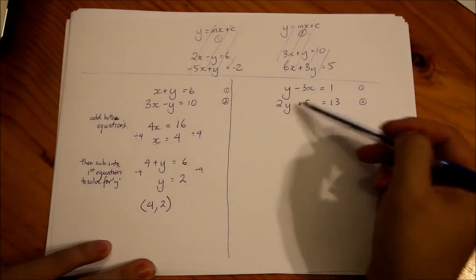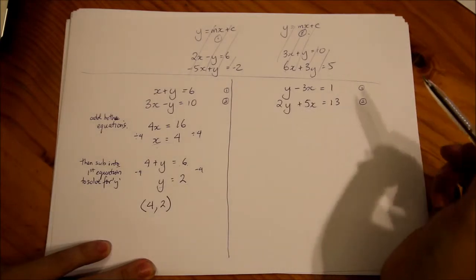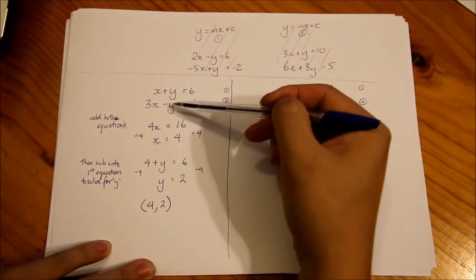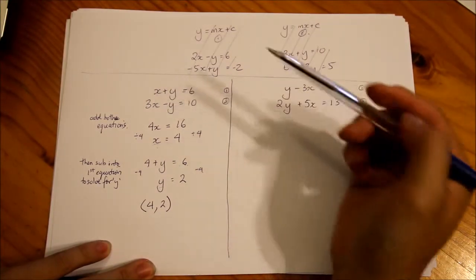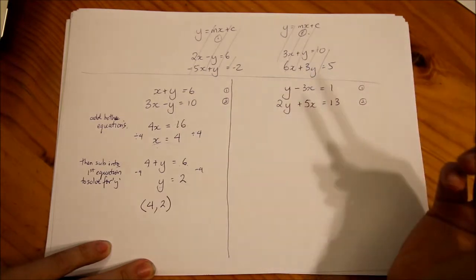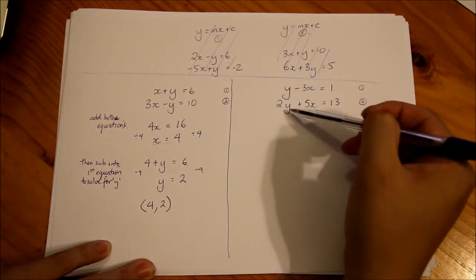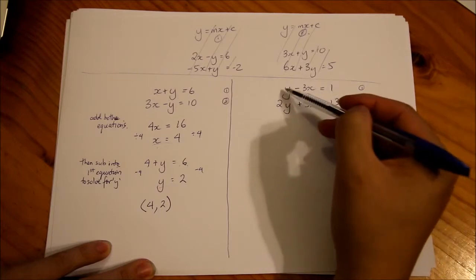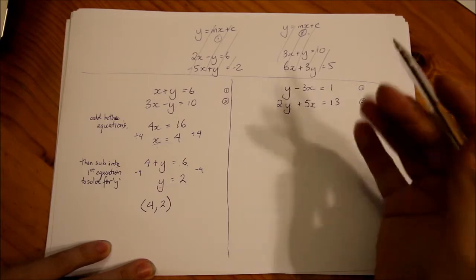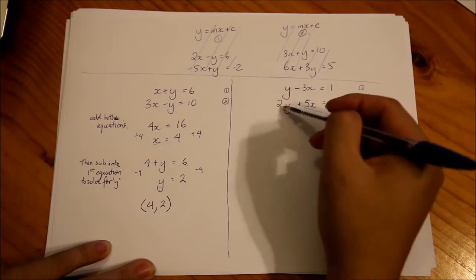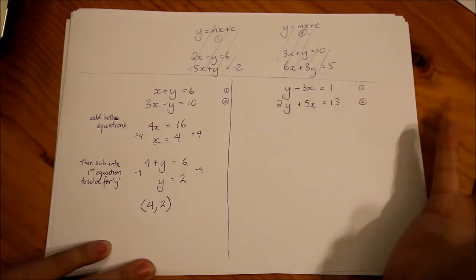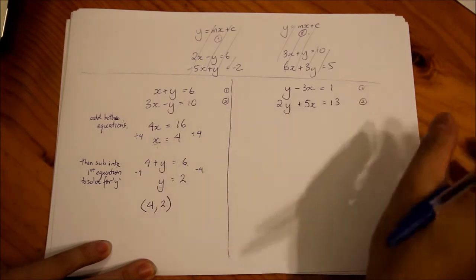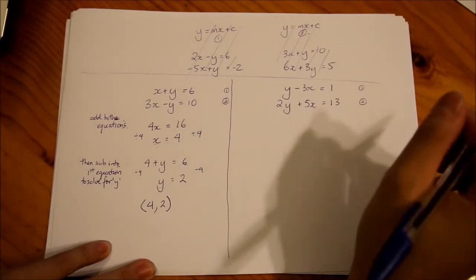But notice that in this case, this is one y, this is another y. If you simply add them, you get 0. If I add these, I don't get 0, so that doesn't work. If I subtract one from the other, that's also not going to work, because 2y minus y is just 1y. It doesn't eliminate it. Remember, this process is through elimination.